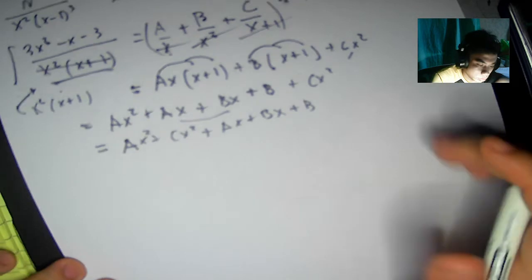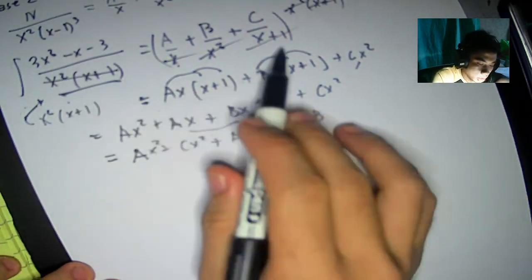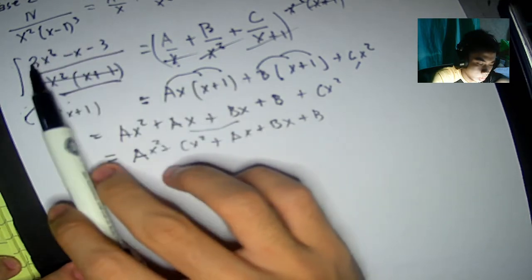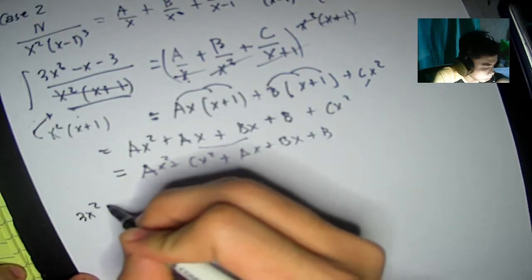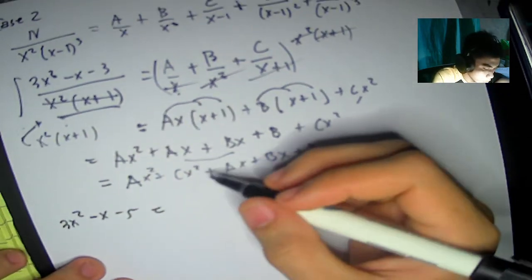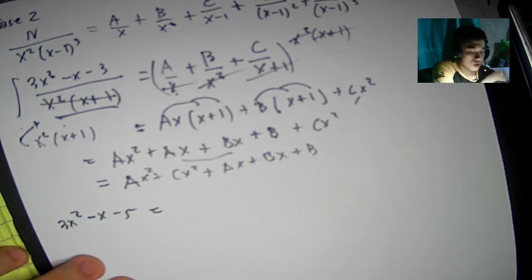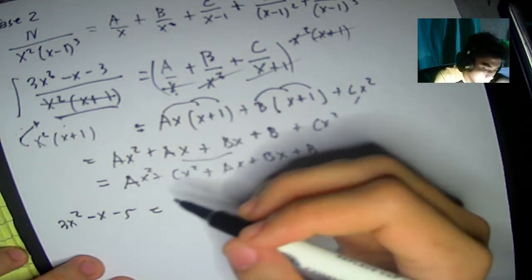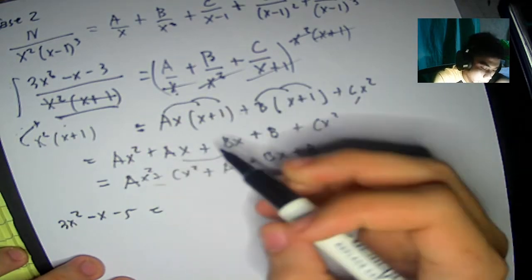So we have to equate this to our numerator, because we multiplied here, right? So 3x squared minus x minus 5 is equal to what? Can we write this as a plus c? Let's factor this one first.